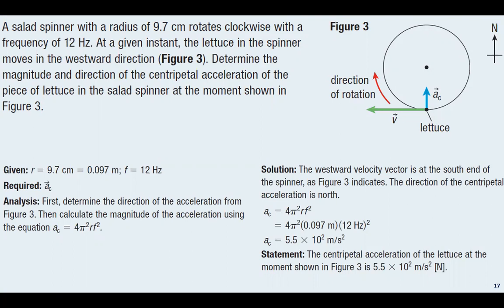And put all the values in. That's 4 pi squared times 0.097 meters times 12 hertz squared. And then the magnitude of centripetal acceleration is 5.5 times 10 raised to the power of 2 meters per square second.